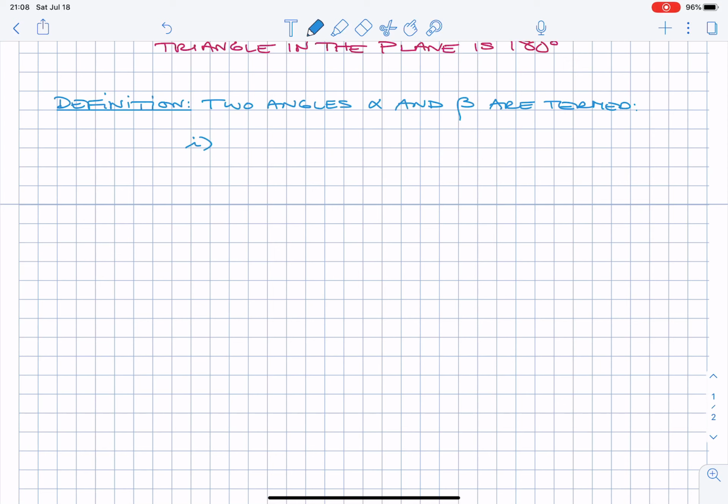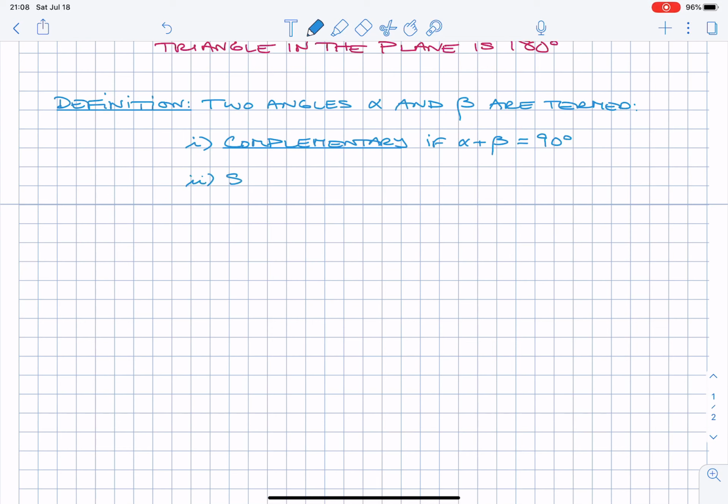The first definition will be complementary. So that's our first definition. They're termed complementary if alpha plus beta is equal to 90 degrees.